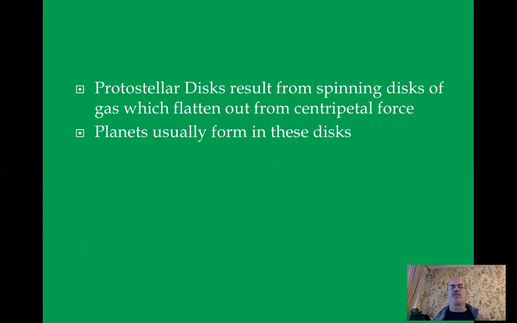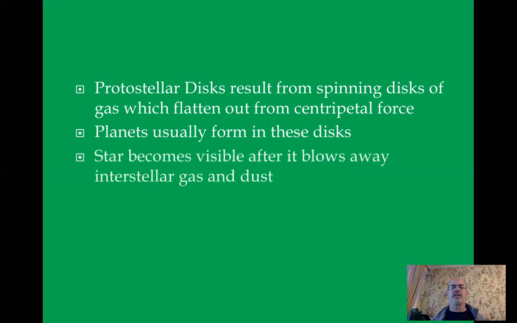Planets are usually formed in these disks, and eventually the star will become visible after it blows away that outer halo of gas, and you'll actually be able to see the star.